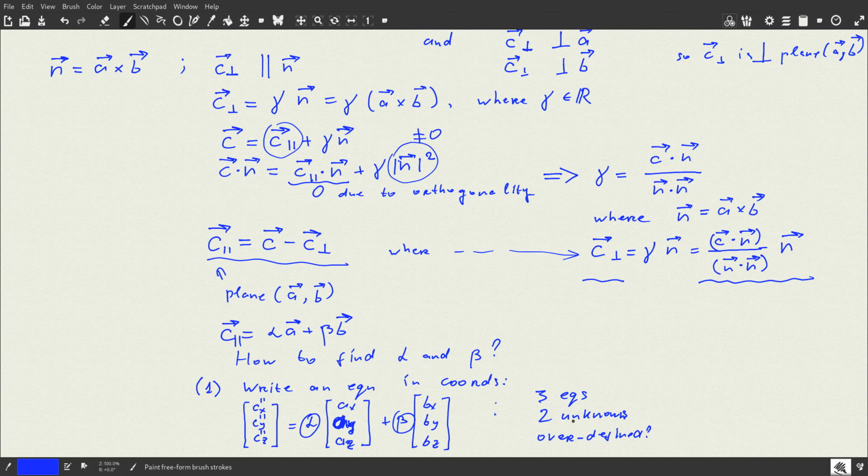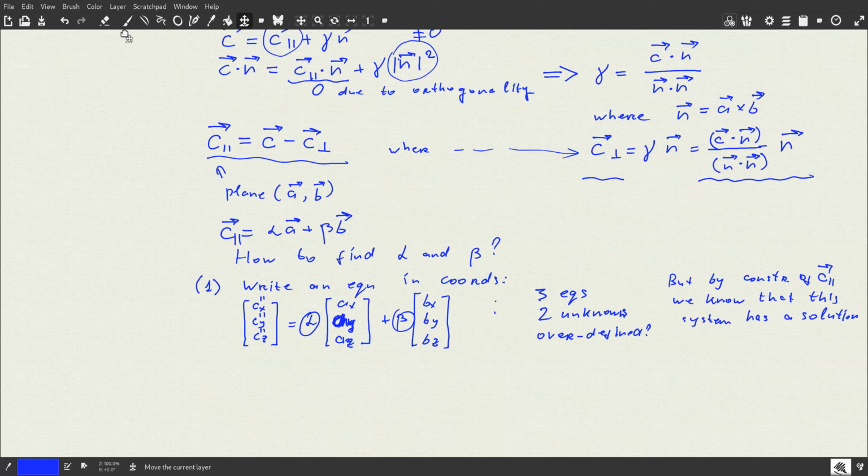We know that it is not over-determined because C parallel does indeed belong to the plane AB, so by construction of C parallel, we know that this system has a solution. Well, we can do it that way, but it is probably not the best way. I would say a little bit tedious.